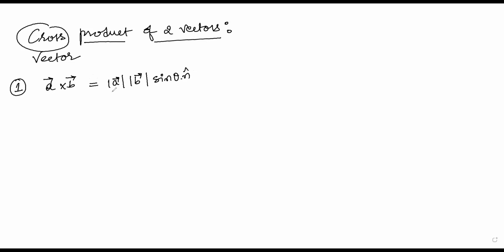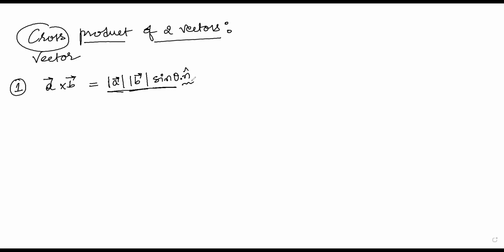Till here, mod A is a scalar, magnitude of A into magnitude of B is also scalar. Sin theta is also a real number. Till here it is all real numbers. But here it is into n cap.